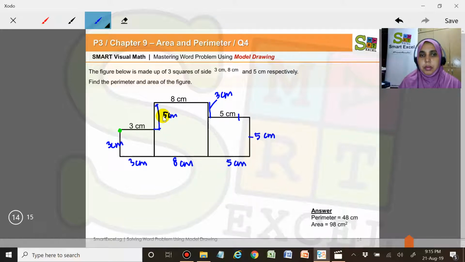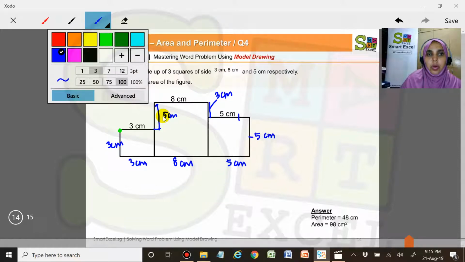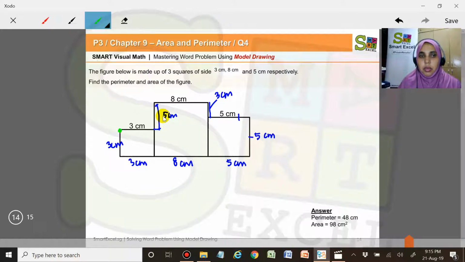Always begin with one point, which is here.